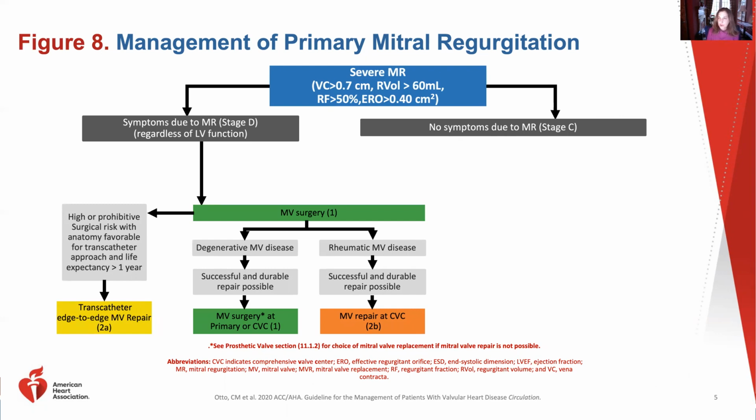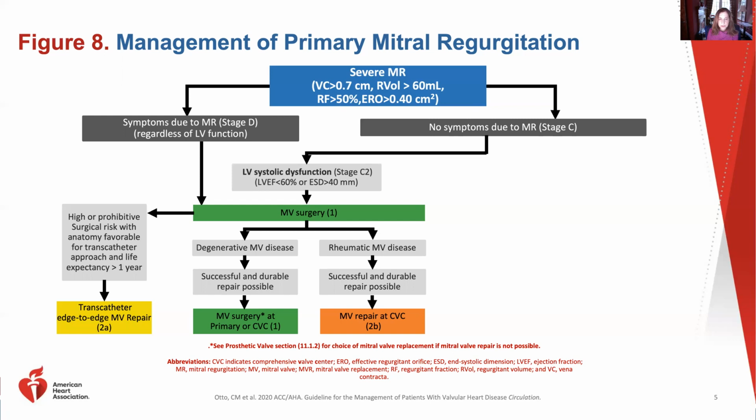For those individuals who are surgical candidates, we look at whether the valve disease is degenerative or myxomatous, and in those cases repair is preferable if that's an option. And for individuals with rheumatic disease, there is more inclination for mitral valve replacement, and only repair if the repair will be durable and done at a center of excellence.